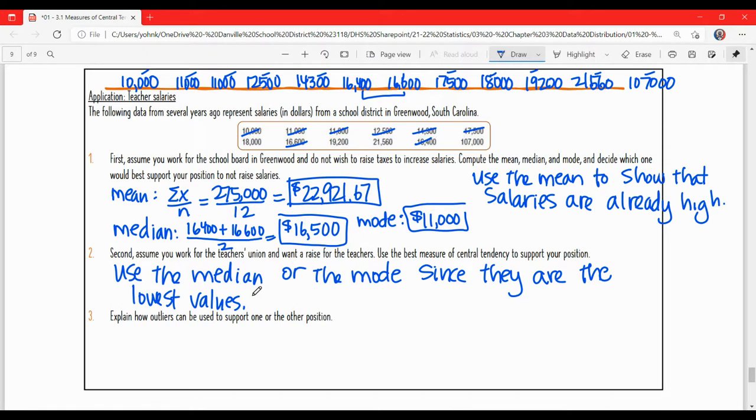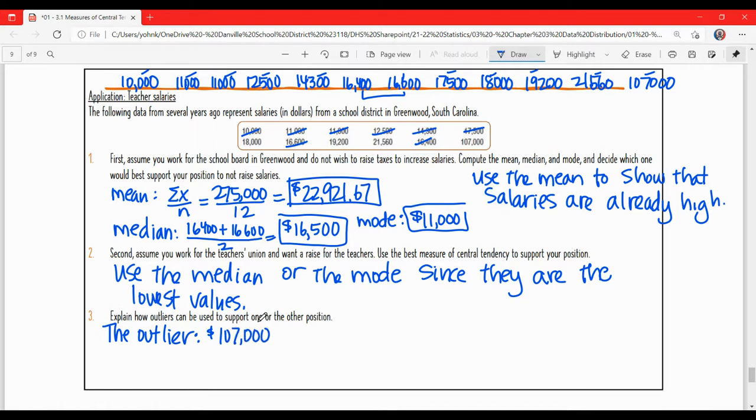All right, explain how outliers can be used to support one or the other position. Well, one thing you could do is recalculate the mean without the outlier. Let's say first that the outlier is a really big number. In this case, it's the 107,000.